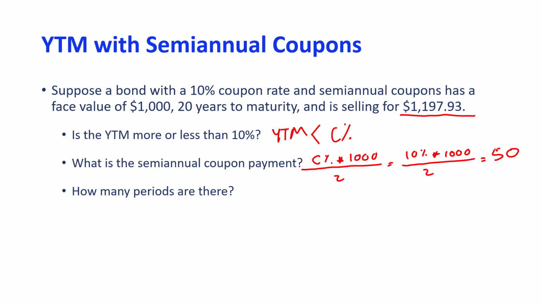How many 6-month or how many semi-annual payments or coupons are we going to receive? That would be 20 years times 2. So we receive 40 payments from this bond. Let's find out the exact yield to maturity for this bond.